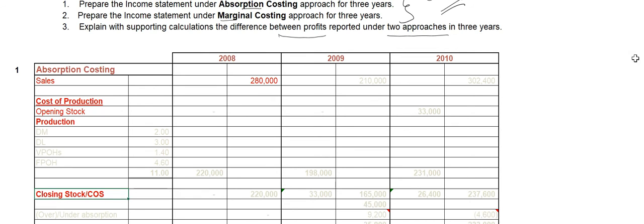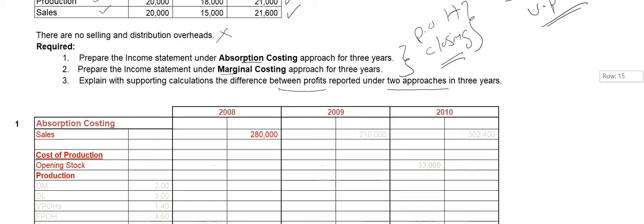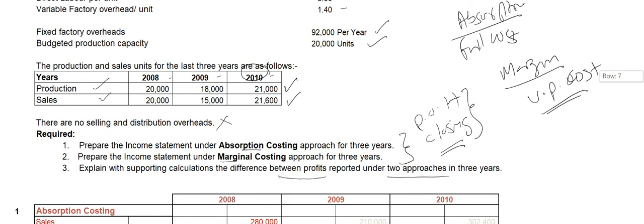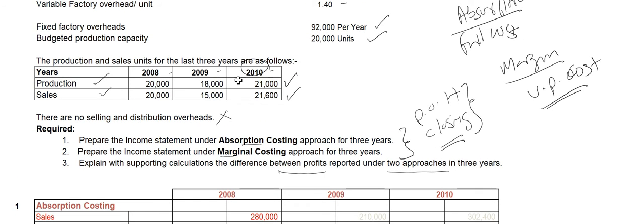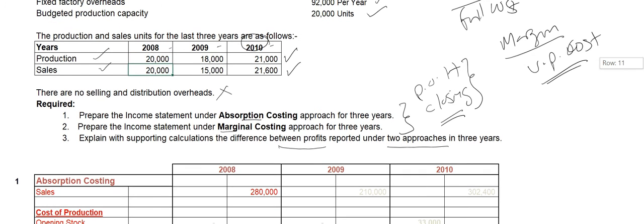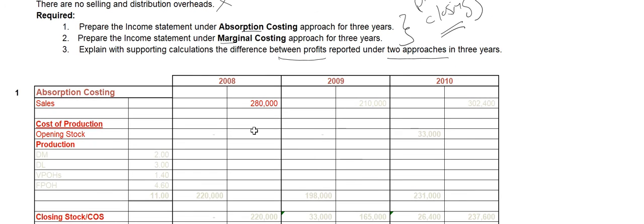Now as per this question, there are no opening stocks. In 2008 you are not given any opening stock. The production is 20,000 and sales units are also 20,000. So therefore the opening stock will be 0. There is no value.